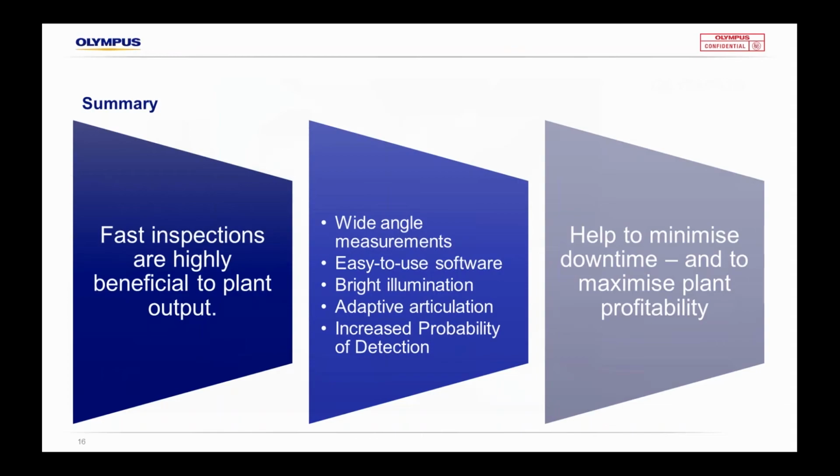The bright illumination system, the intelligent adaptation of this, simple articulation, and the increased probability of detection all help within iFlex NX to minimize this downtime, and therefore maximize the profitability of the plant or of the inspection company from an efficiency perspective, being able to carry out more inspections, and therefore the inspector is earning more money by inspecting more of the time. The end of my presentation.